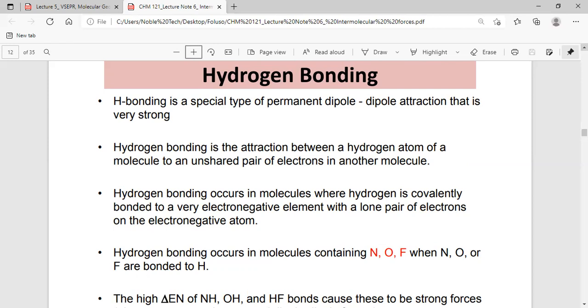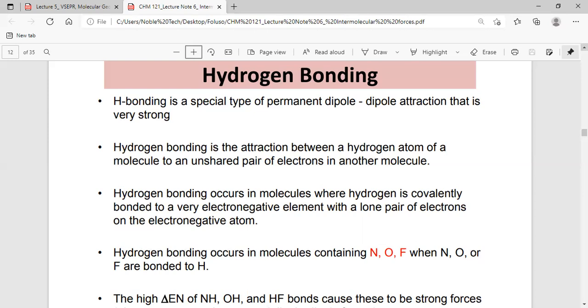And that is very key, because hydrogen can be attached to carbon and it will not have hydrogen bonding, because carbon does not always exhibit lone pairs. That is the reason why we specify that it must be nitrogen, oxygen, and fluorine, because those possess lone pairs.